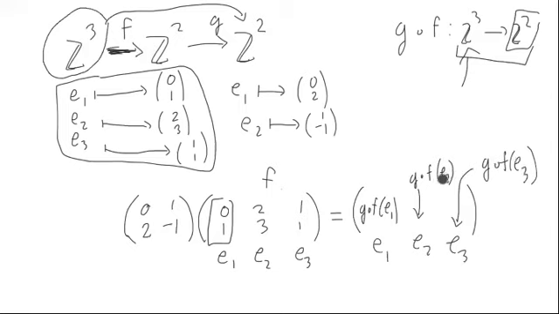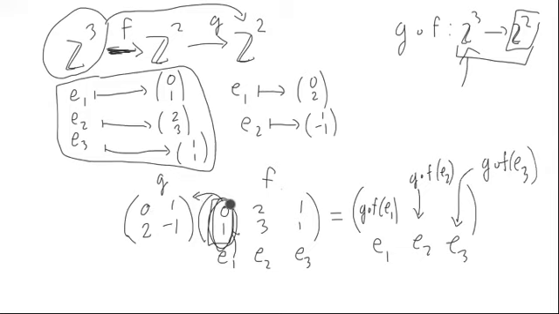So we just need to see where each column is taken. So how do we find E1? Well, we simply take E1 and see what its image is via G. Basically, we plug in the image of E1, which is 0, 1, and then we plug it into G. So we go E1 to its image, and then that into the function G. So how do we do it in the function G?